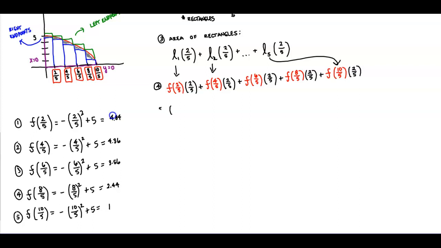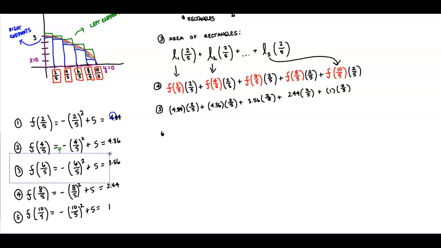And so now we're going to take that 4.84 and multiply it by 2/5, plus 4.36 multiplied by 2/5, plus 3.56 multiplied by 2/5, plus 2.44 times 2/5, plus 1 times 2/5.